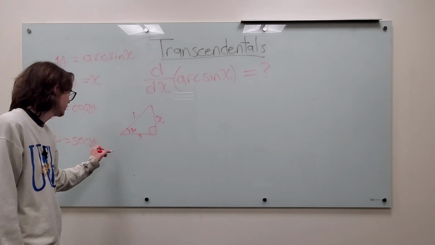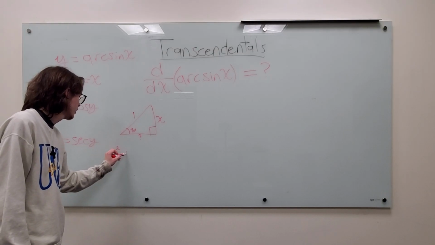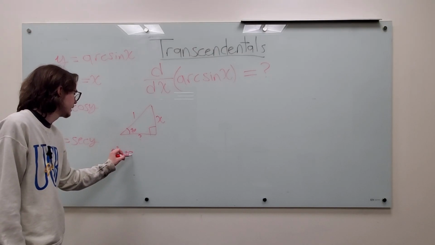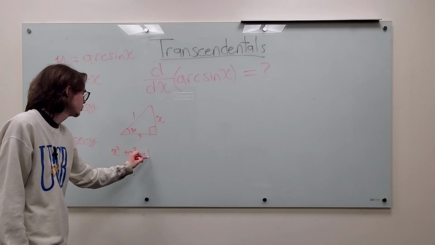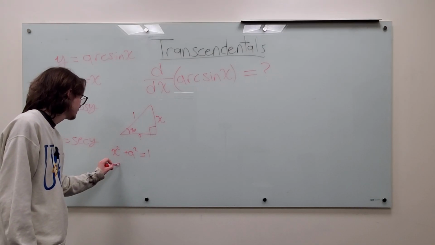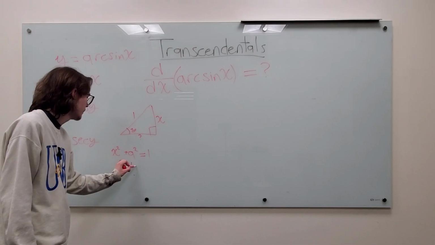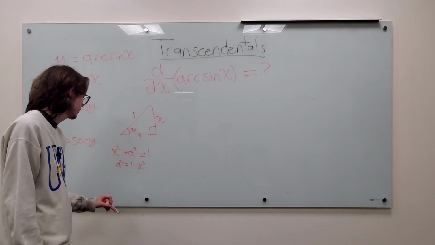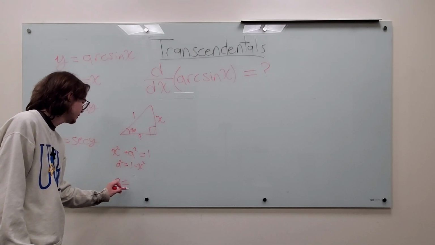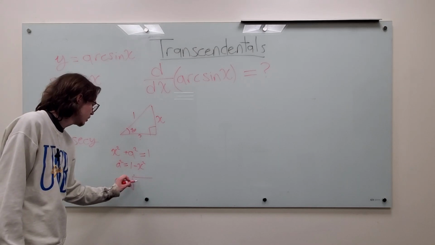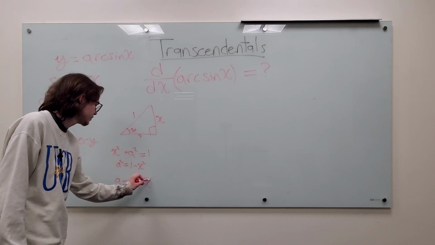So this should hopefully be simple. We know that x squared plus, we'll call our adjacent side a squared, must be equal to 1, which means that a squared is equal to 1 minus x squared, which means that a must be equal to the square root of 1 minus x squared.